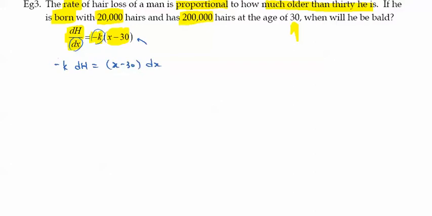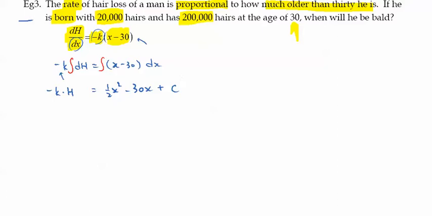And as I integrate both sides, this constant term, I can simply remove it and integrate the dx. So basically, as I integrate dh, we will simply end with h. On the right hand side, 1/2 x squared minus 30x. And don't forget your constant term.